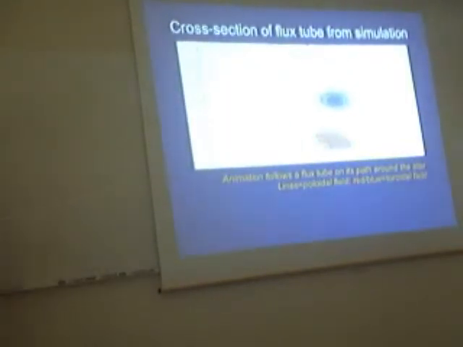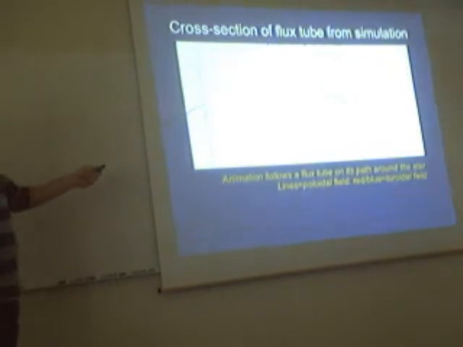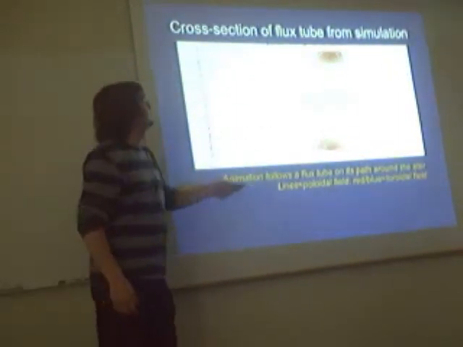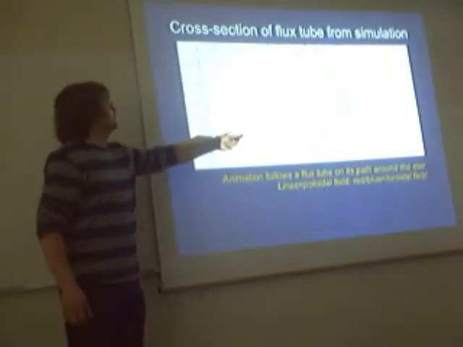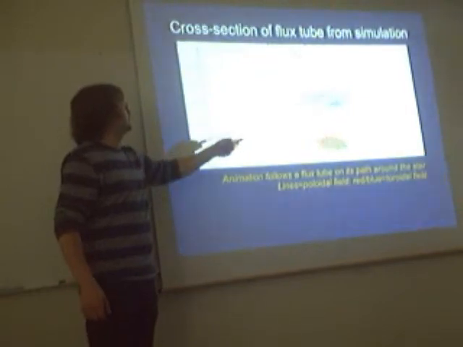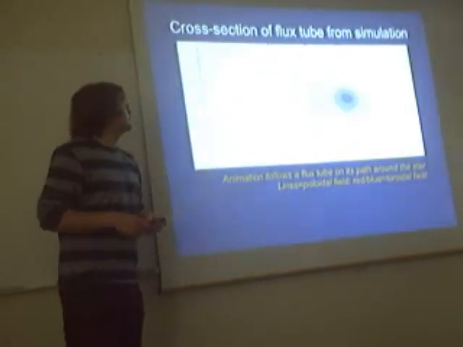Okay, so this is a little animation following the output of one of these simulations at a particular moment in time. So what we're doing here is following a single flux tube around the star. This is the centre of the star, and this is the surface. And this is the flux tube that we're following. The shading represents the toroidal component, the component into the screen.